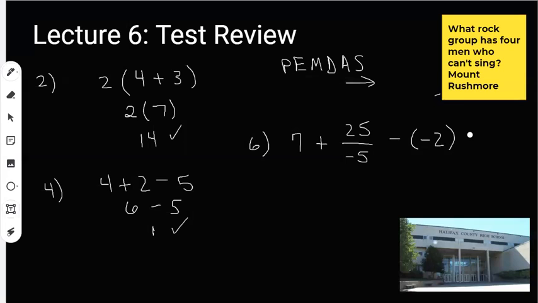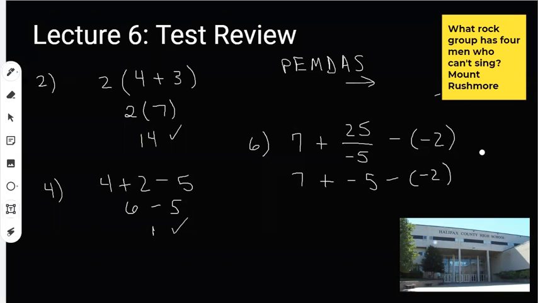We're going to do the division, right? That's what's in the middle, 25 divided by negative 5. And we know that 25 divided by negative 5 is just going to be negative 5, right? So I can replace this entire fraction, numerator and denominator, with a negative 5. And then I still have this minus negative 2 over here.